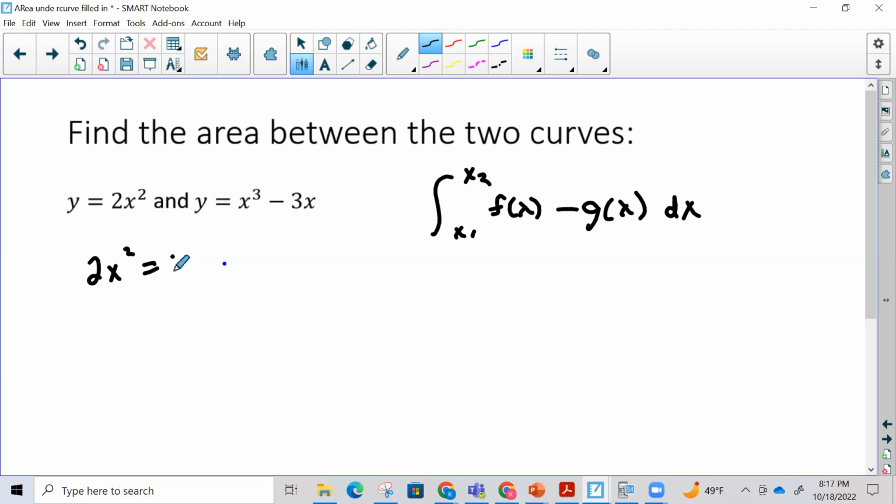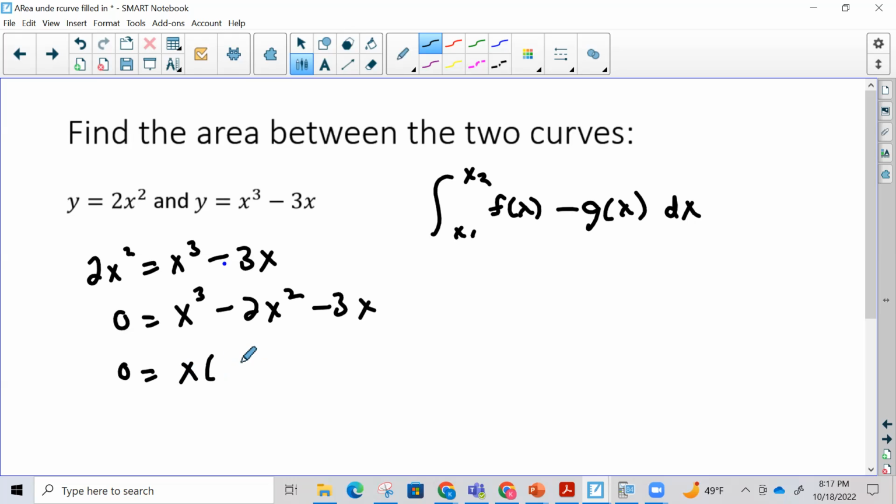And what you'll find is when you factor, you get 3 values. So if I set these equal to each other, and then I move the 2x squared to the other side by subtracting it, and I put it in order, I can first factor out the GCF, which is an x. So that gives me x squared minus 2x minus 3. And then I can factor the x squared minus 2x minus 3.